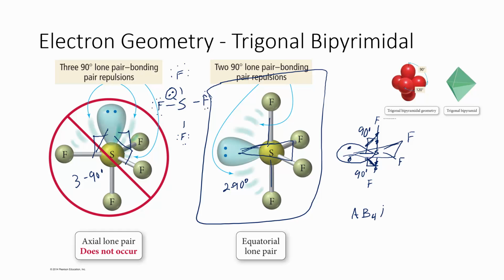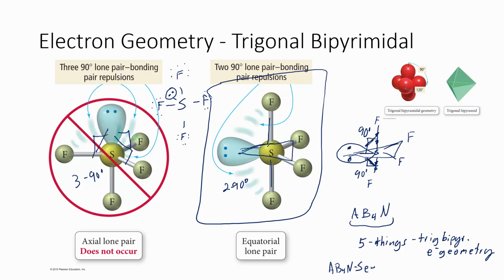So AB4N. Okay, so we have 5 attachments, or 5 things, giving a trigonal bipyramid electron geometry. And then we need to name this, and what we name this is actually seesaw.